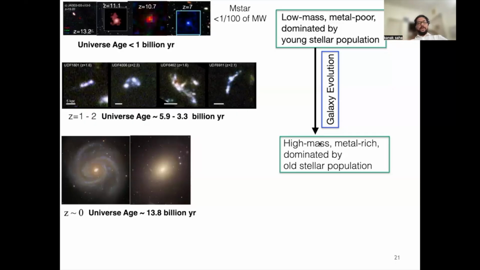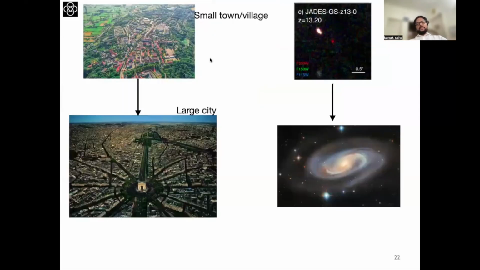That's a very complex process that we must understand to understand how galaxies grow from the early phase to what we know today. One can understand this from a small cartoon, an analogy rather, of a small village that grows into a gigantic city, like this.